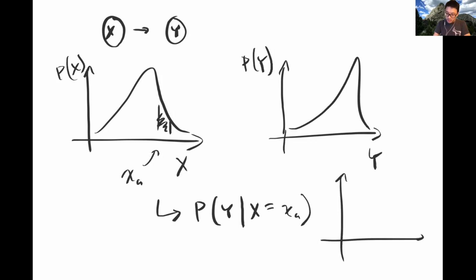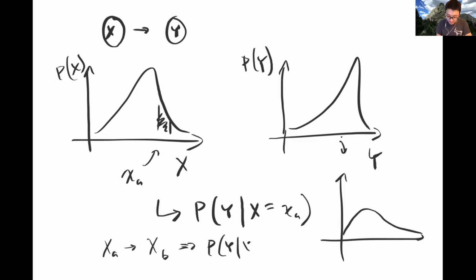So even though y looks like the above, you may end up with something that looks maybe like this. So this is getting at understanding the relationship between your x and your y's. And so as you change from xa to xb, which corresponds to some change in your y given x, this is what we would call a causal effect.